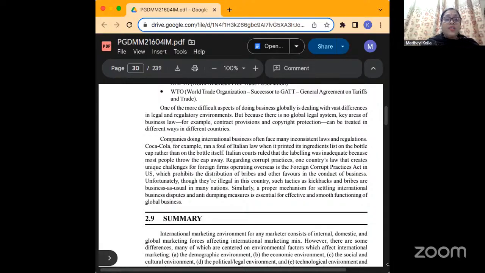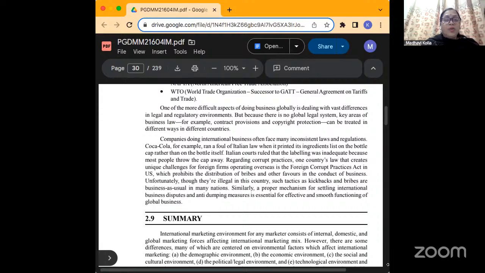So, though there is no single global regulatory system, and it is either done at the national level, at the block level, or we have certain organizations like the World Trade Organization which are done at a global level.